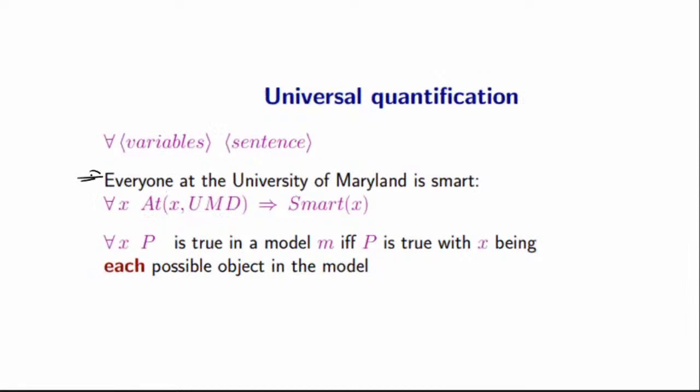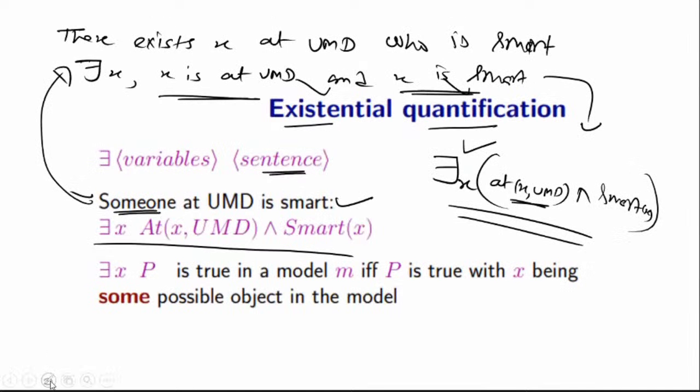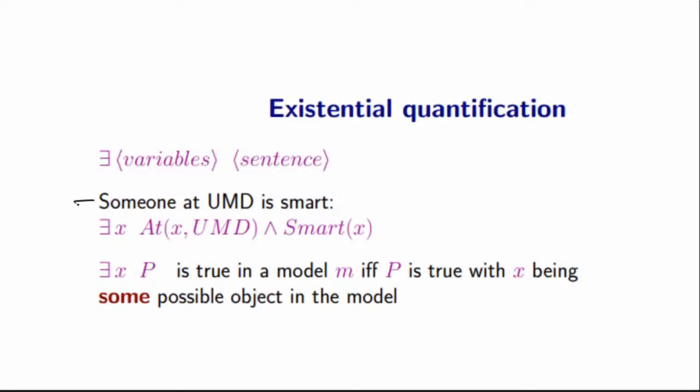Like in the previous statement, here you can see we are using it. Because if you read, this is saying everyone at UMD is smart. What does it mean? That if you are at UMD, then you are smart. So that's why we are using implication. And in this statement, he's saying someone at UMD is smart, meaning at least one person at UMD is smart.